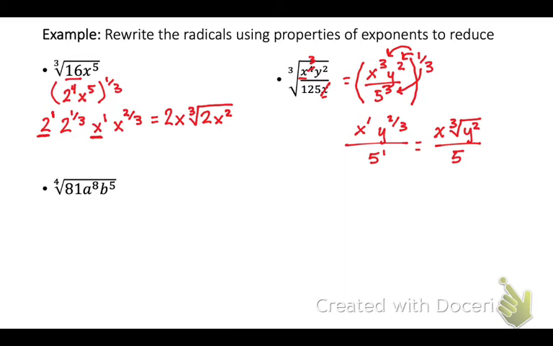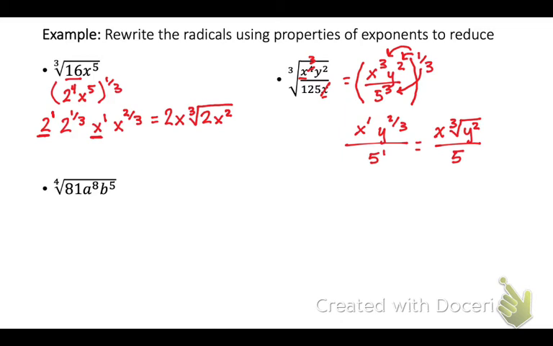Okay, now what am I doing the next one? The 4th root of 81, a to the 4th, b to the 5th. Tyson, what can I do with 81? 9 squared, right?